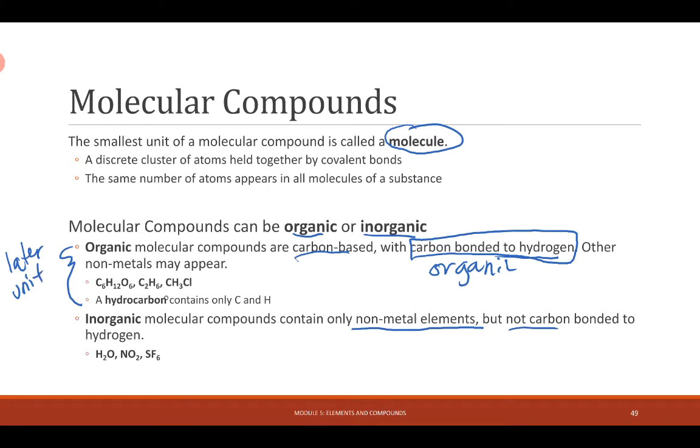So organic compounds will be the focus of a later unit. For now, we'll be focusing on inorganic molecular compounds. You'll just have to distinguish between organic and inorganic for now. If it consists of only carbon and hydrogen, then it is called a hydrocarbon, meaning hydrogen and carbon.